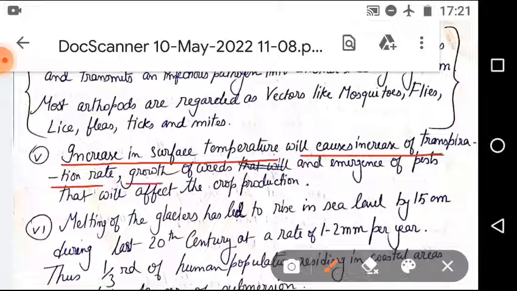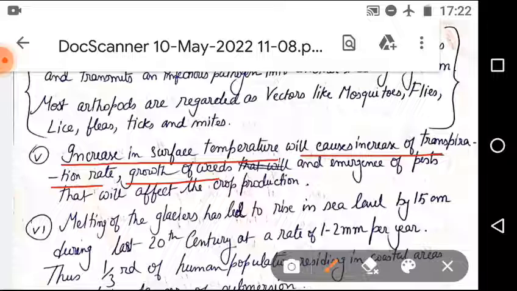There will be growth of weeds, meaning those plants which are not required for us, which are just growing here and there, like parthenium, and other plants like Lantana camara.